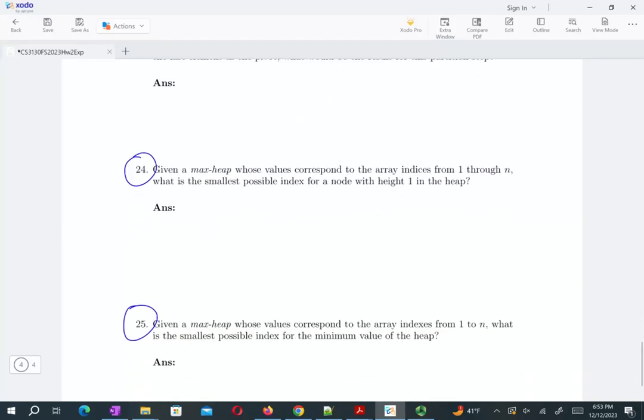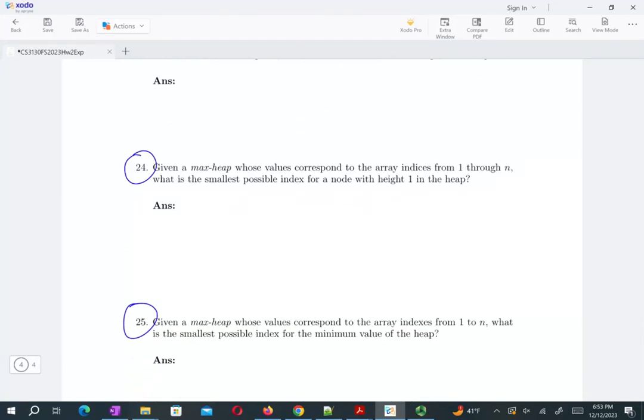Number 24, the general range formula. Actually number 24 and number 25 we can discuss together.